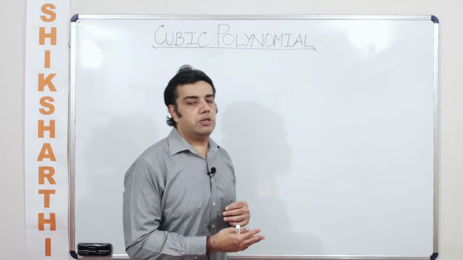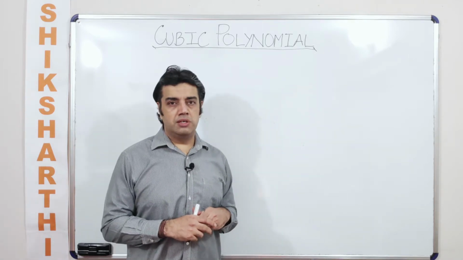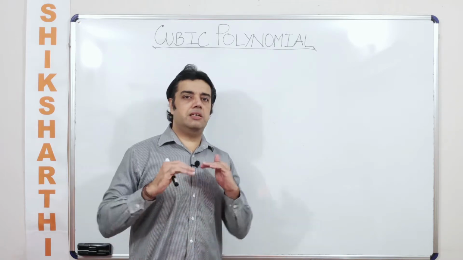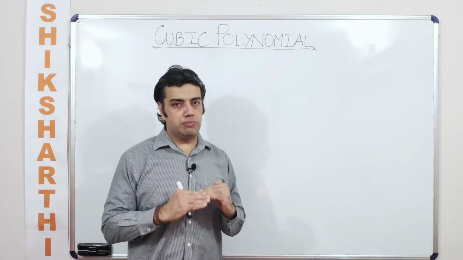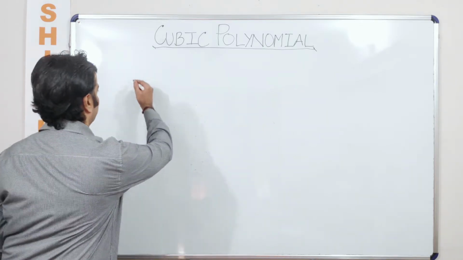Now, as we have already talked about in our quadratic expression video, we will be taking this video to the next level and we will be taking the quadratic expression as a benchmark for this video.